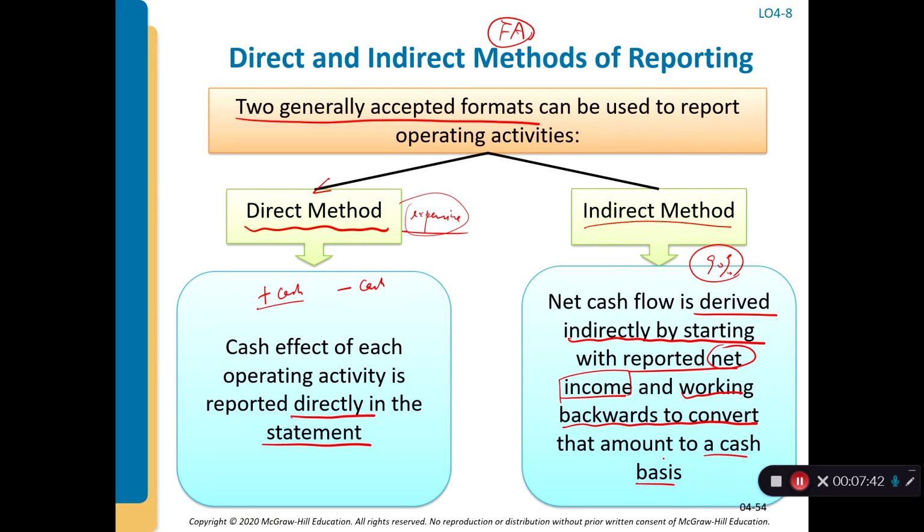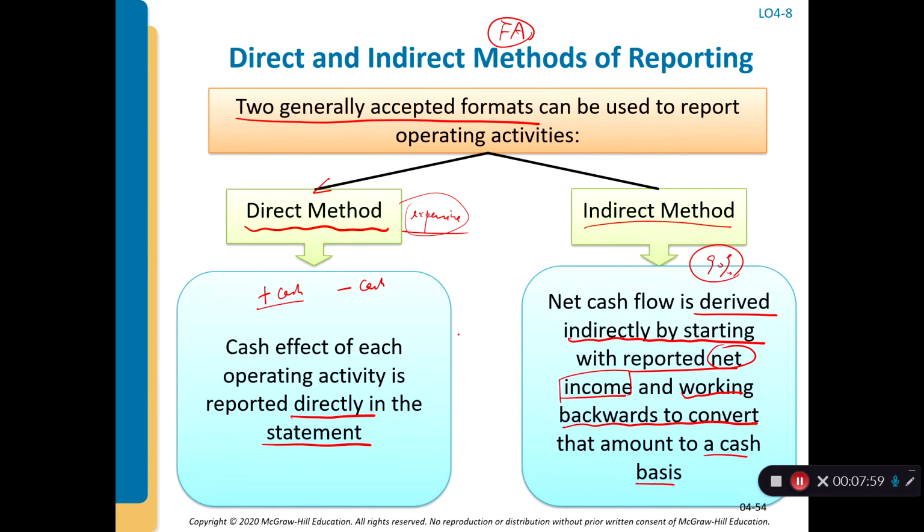In other words, we arrive at net cash flow from operating activity indirectly by starting with reported net income.